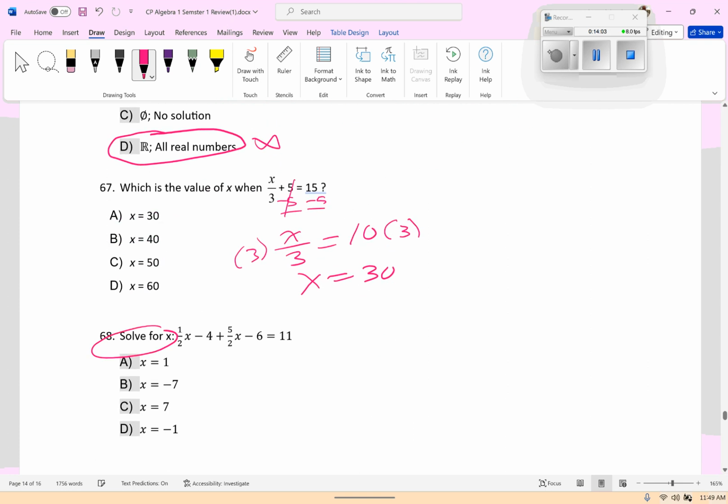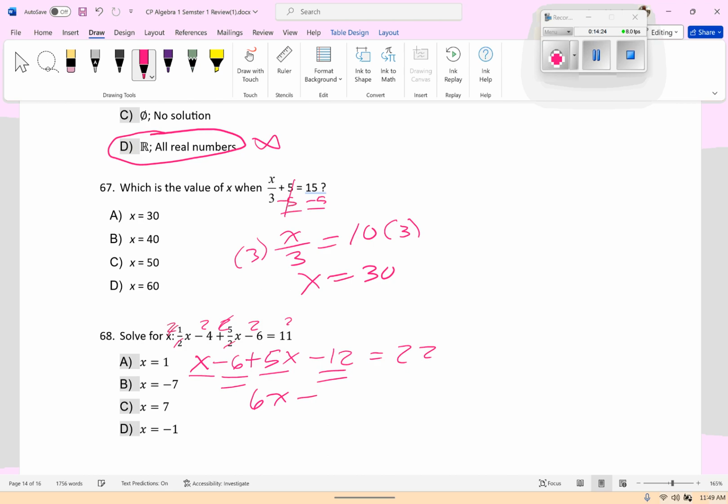For this one, let's get rid of that. Let's multiply everything by 2. So the 2's cancel out. That gives me just 1x or x minus 6. The 2's cancel out, leaves me plus 5x. Minus 12 equals 22, because 2 times 11. Combine like terms, that's 6x. Combine these like terms, that's going to give me -18 equals 22.